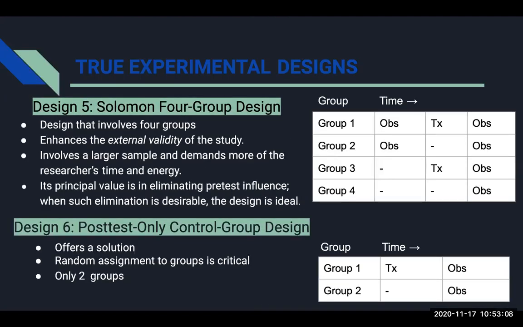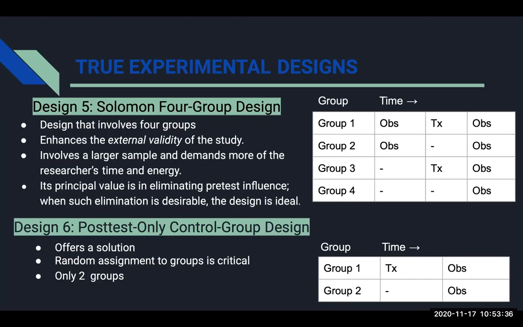Moving on is to the fifth, named the Solomon 4 group design. It has one potential problem in the preceding design, which is that the process of observing or assessing people before administering the experimental treatment may influence how people respond to the treatment.